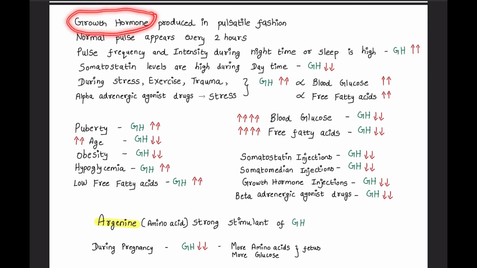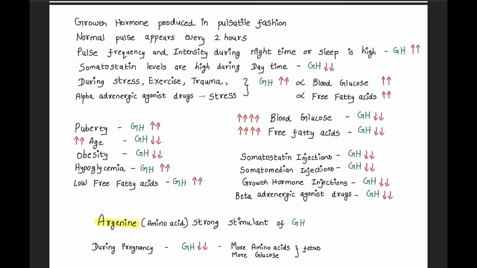The pulse frequency and intensity during night time or during sleep is very high. That's why the growth hormone levels are higher during night time or when you sleep. The somatostatin levels are higher during daytime, so your growth hormone levels are lower during daytime.